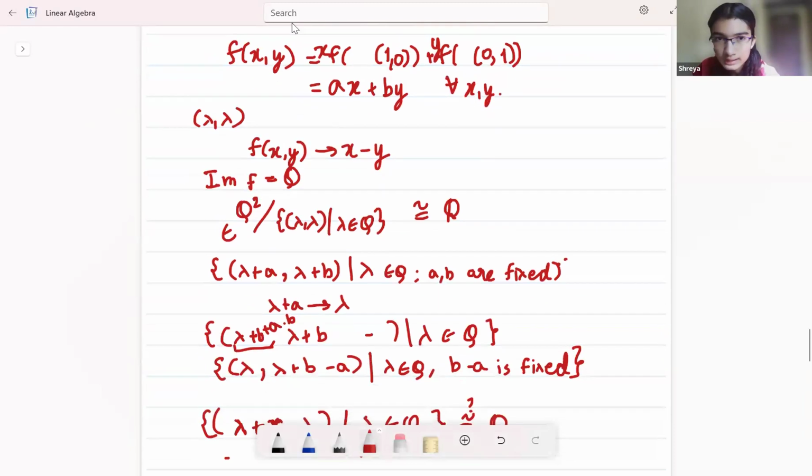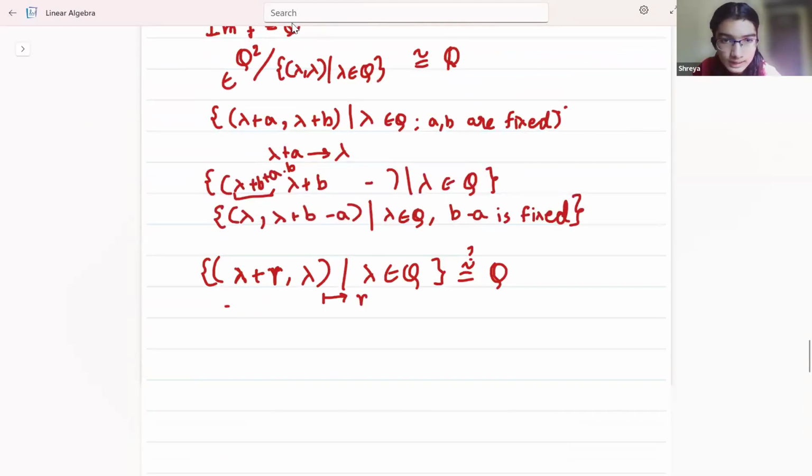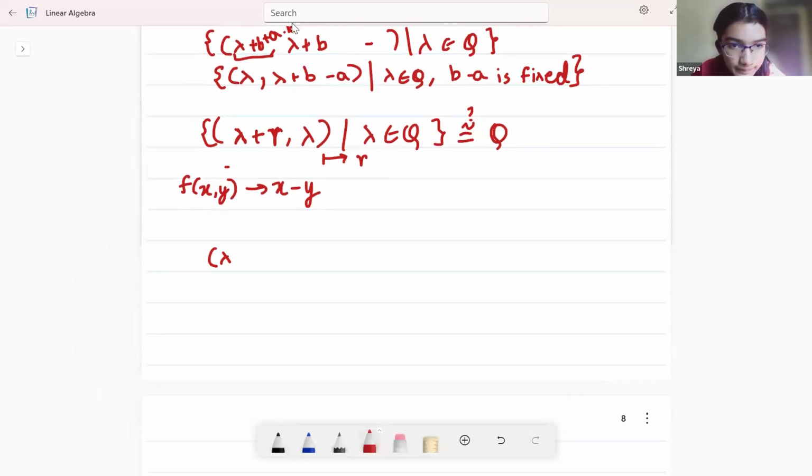In particular, note that this was our function. And what our isomorphism is doing is taking lambda plus r, lambda and sending it to r, which is equal to f of lambda plus r for whichever lambda it is. So this map is just f.